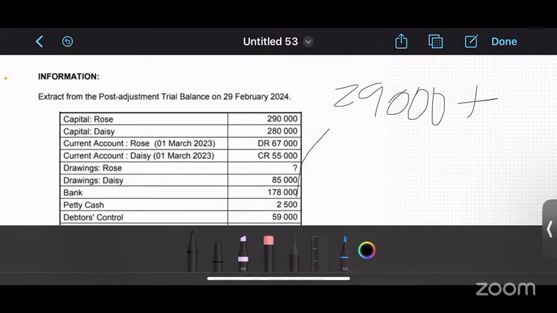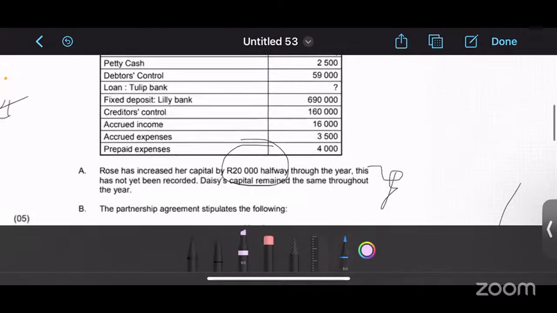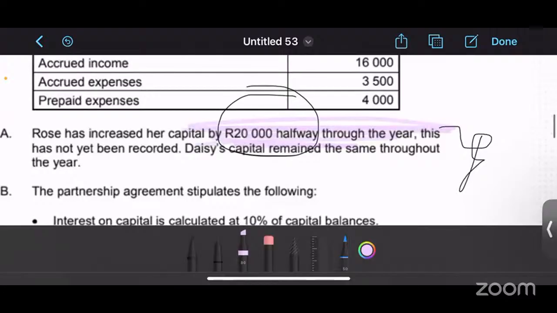The 20,000, they are saying, was increased halfway through the year, so in the seventh month. Seventh month to 12th month is 6 months, so it has been in the business for 6 months. It is not going to earn the same interest because it was not there from the first day of the financial year. Does it make sense?